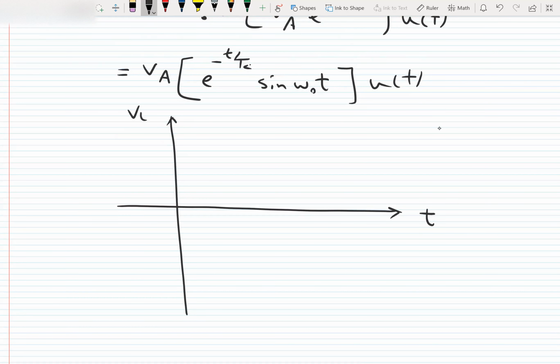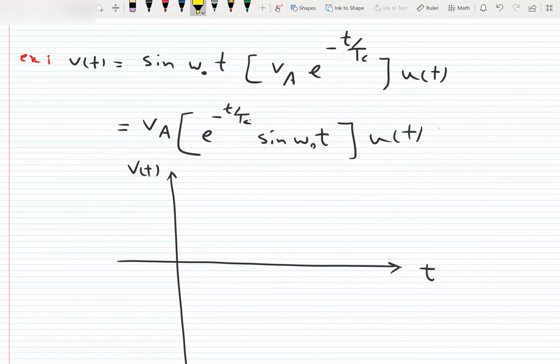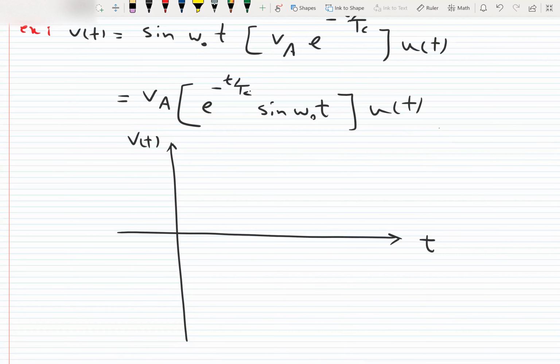Time, it's v of t. Of course, at t equal to 0, the exponential term is equal to 1, and the sine term is equal to 0. So the signal starts from 0. So let's plot this individual signal. If we plot this individual signal, it will be like in this form.